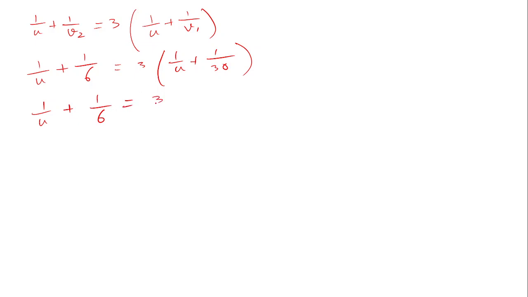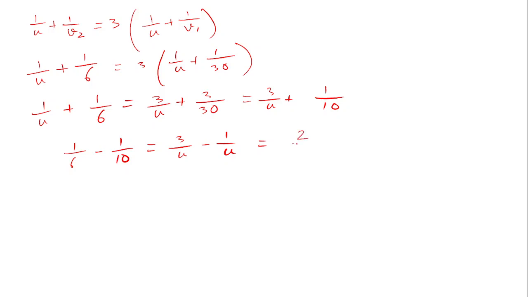And we solve this further, get 3 by u plus 3 by 30, which is equal to 3 by u plus 1 over 10. So 3 by u, I'll take it this side, 1 over 6 minus 1 over 10 is equal to 3 by u minus 1 over u. This will be 2 over u, and on left hand side it will be 10 minus 6 over 60, so 4 by 60 is equal to 2 by u.